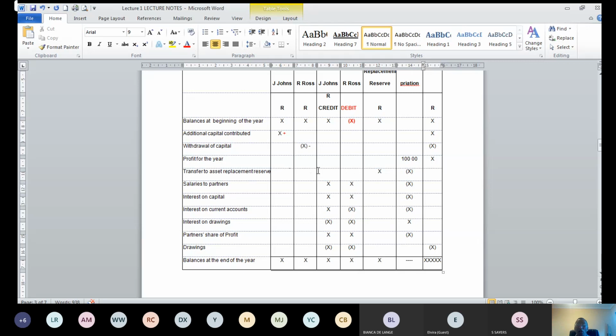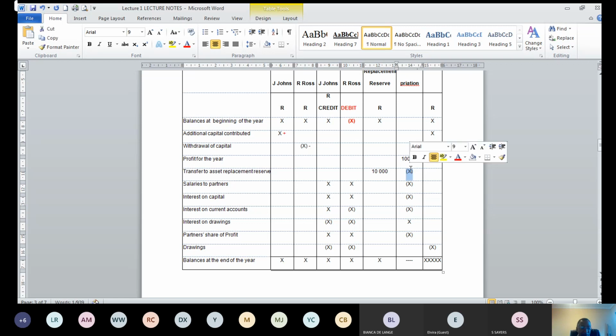Now you go back to the conditions of the partnership agreement, and you apply the conditions of the partnership agreement now. If it states that 10,000 Rand must be transferred to your asset replacement reserve, you transfer 10,000 to your asset replacement reserve, increasing your asset replacement reserve.